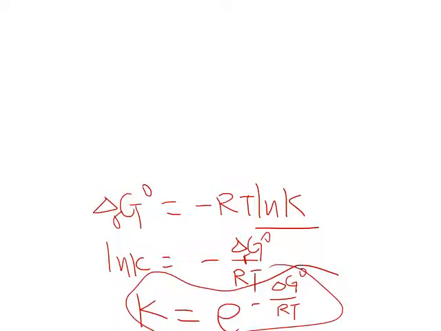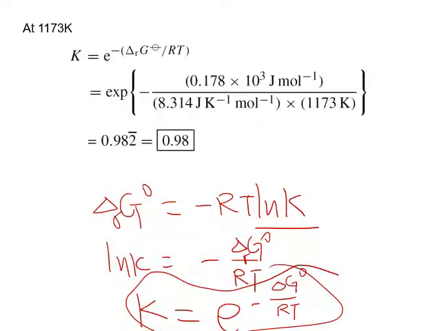Plugging in all the data, we get 0.982, so about 0.98. So you see, at room temperature, the equilibrium constant is around 10 to the negative 23. When you increase to 1100 Kelvin, the equilibrium constant increases to about 1. So that's a 23 orders of magnitude increase.